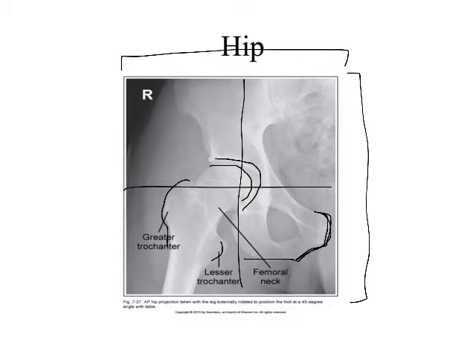Let me see, what else can we say about this image? Let's talk a little bit about the technique. How do we want a technique on this kind of image? Do we want to just see bones? No. What are some of the things we would like to also see on this image? The joint space. Joint space, that's good.